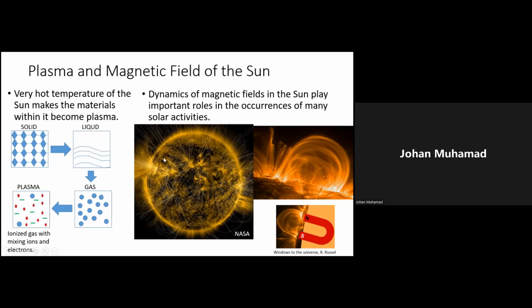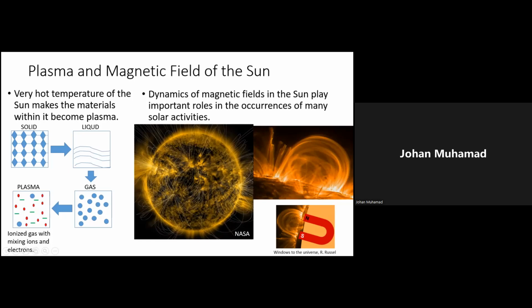If we focus on just a small part of the sun, we can really observe the magnetic field lines like this. Well, actually, we cannot observe magnetic field lines, but we can see a proxy of the magnetic field lines through the emitting plasma that emits radiation.